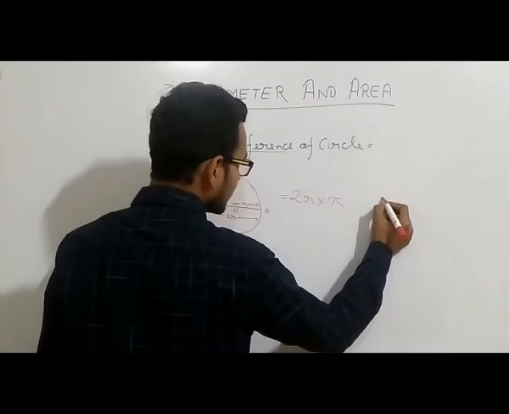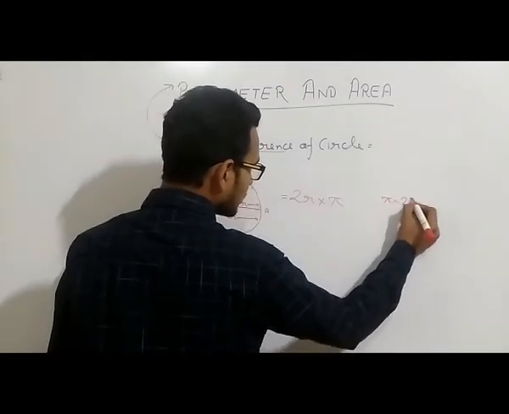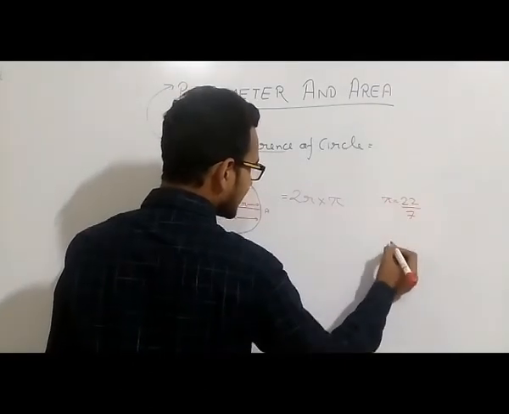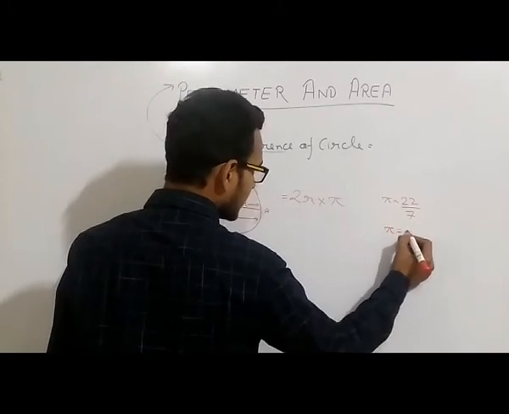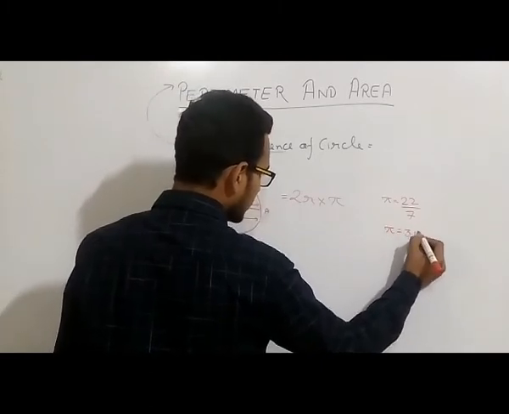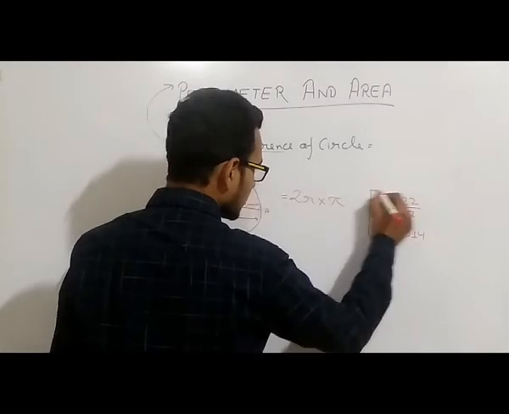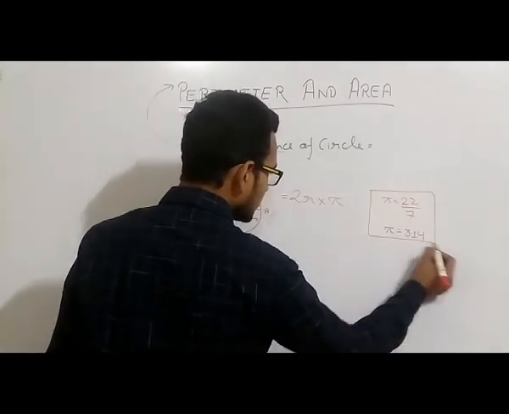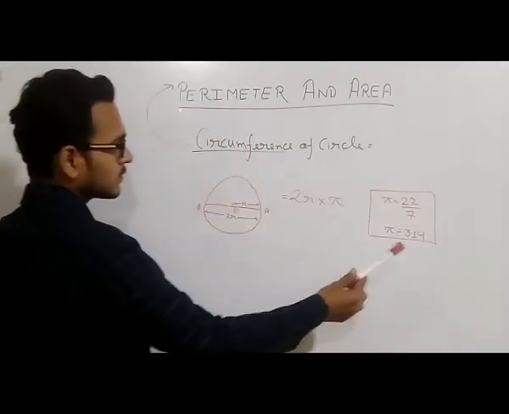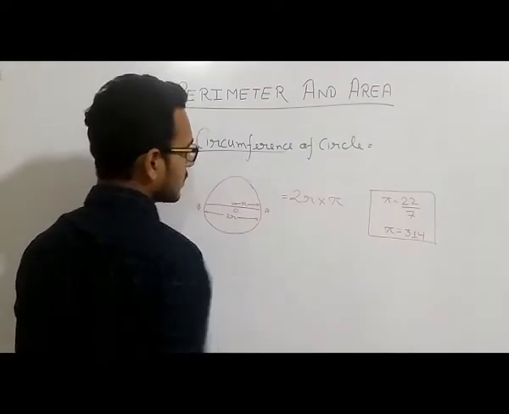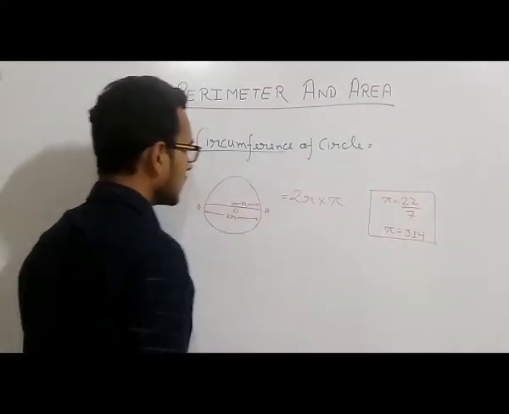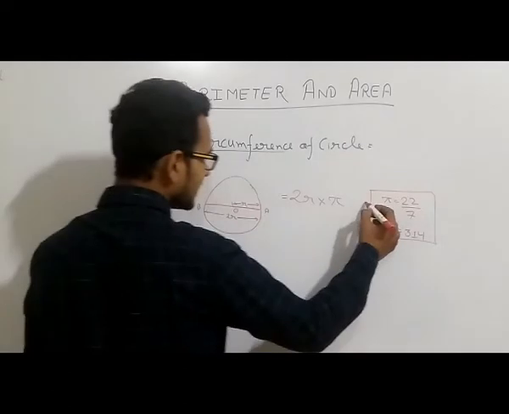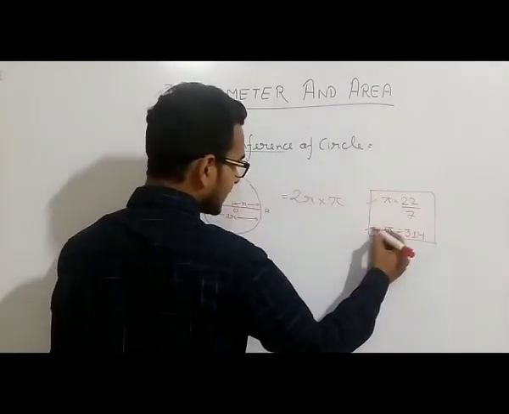Its value is 22 upon 7, or in decimal form it becomes 3.14. In the questions you can put either value, pi equal to 22 upon 7 or pi equal to 3.14. This is in fraction form, but this is in decimal form.